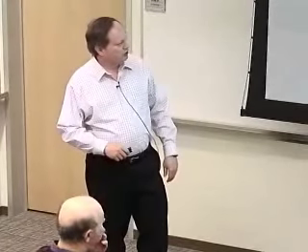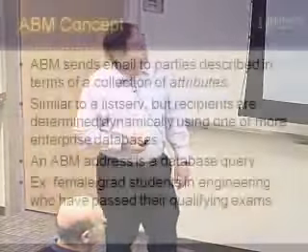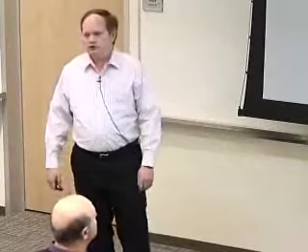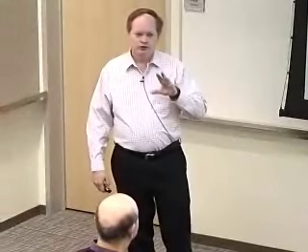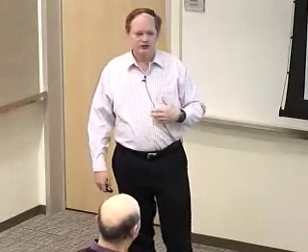The illustration in here is based on attribute-based messaging, which I'll now explain. An attribute-based messaging system sends emails to parties described in terms of basically a database query as the email address. It's useful for enterprise systems where you might have access to an enterprise database that contains information about principals that could be used as the basis for these addresses.